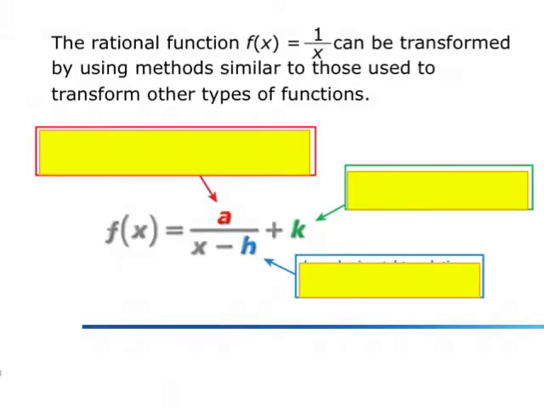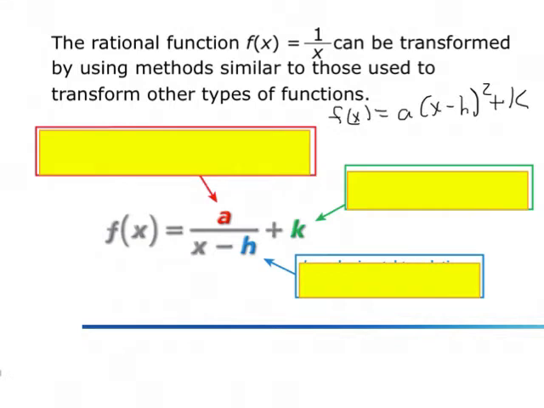In this slide, we're going to look at the transformation of the a and the h and the k and how it affects the hyperbola. But before we do that, let's go ahead and review the parabola. So remember, for a parabola we had f of x equals a times the quantity x minus h, the quantity squared, plus k.